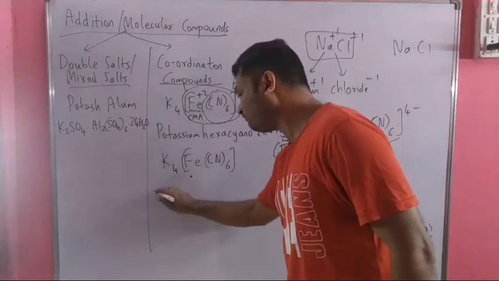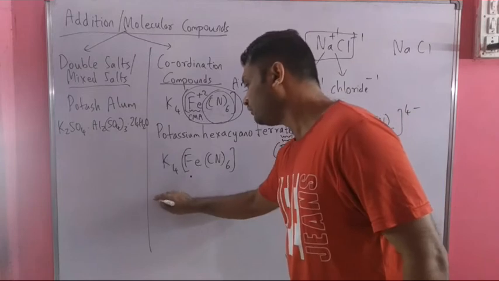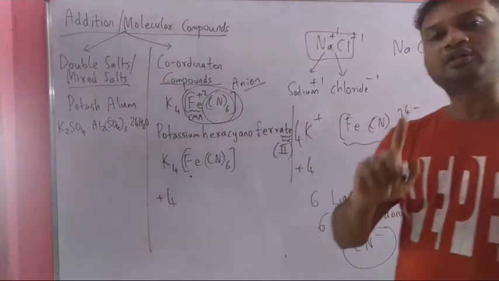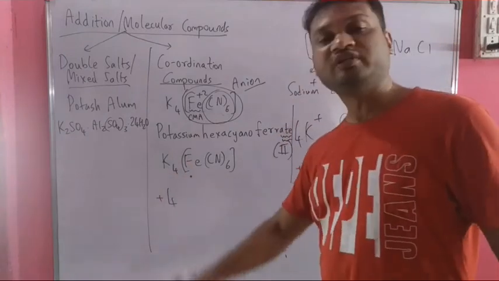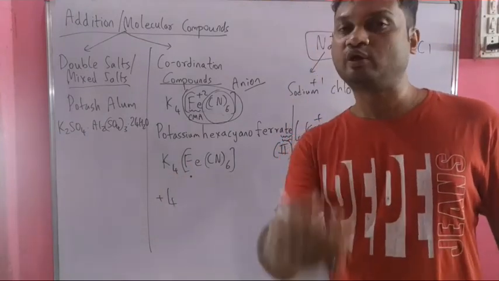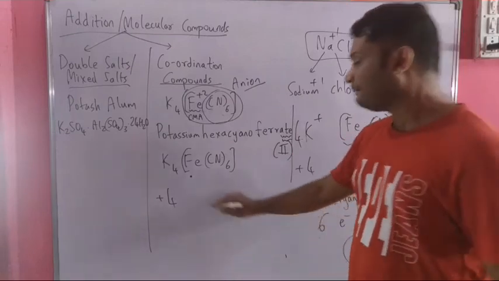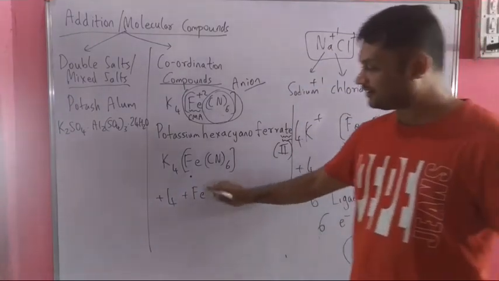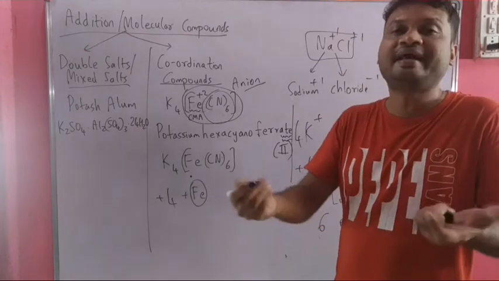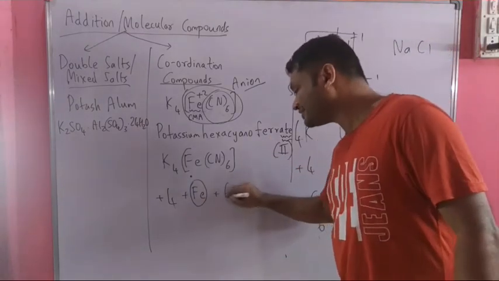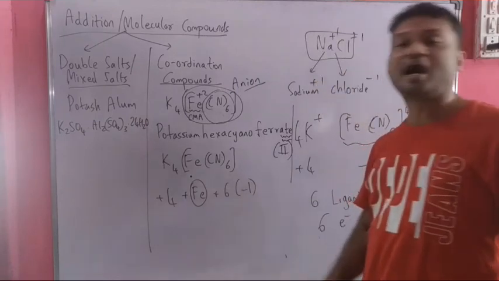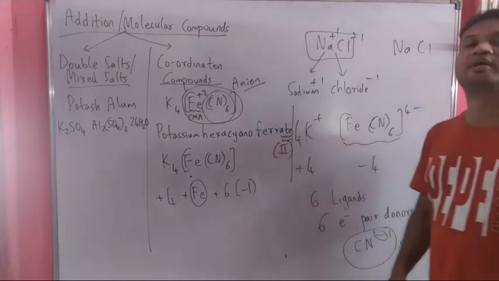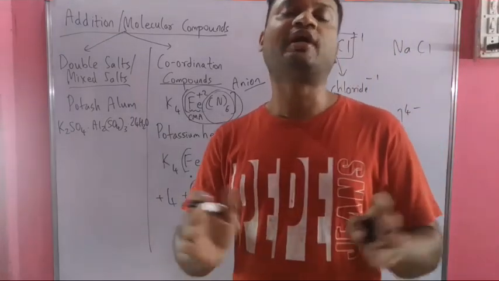So let us try to find the oxidation state of Fe in it. We know there are 4 potassium atoms, so we can say +4 charge, because the potassium ion has +1 charge. There are 4 potassium ions, so +4 charge. Plus we want to find the oxidation state of iron. Let us write it as Fe itself, because that is an unknown. So we have 6 cyanide ions. What is the charge on a cyanide ion? CN minus, so it is -1 charge. On each cyanide ion we have a charge of -1.